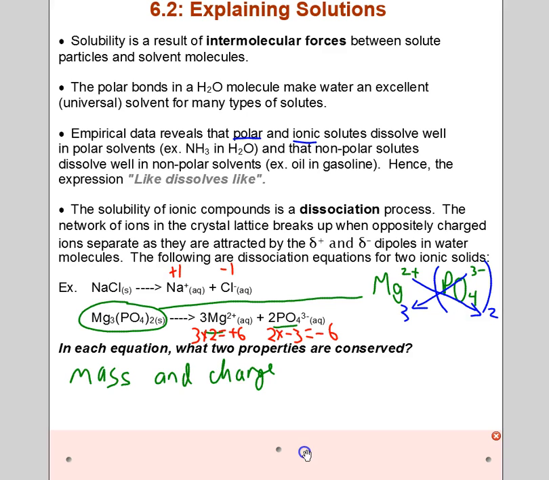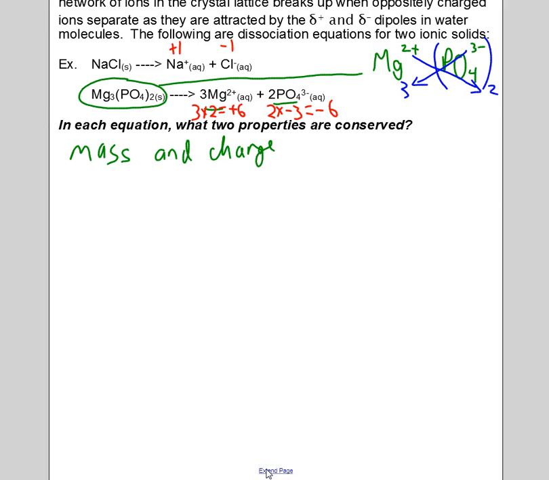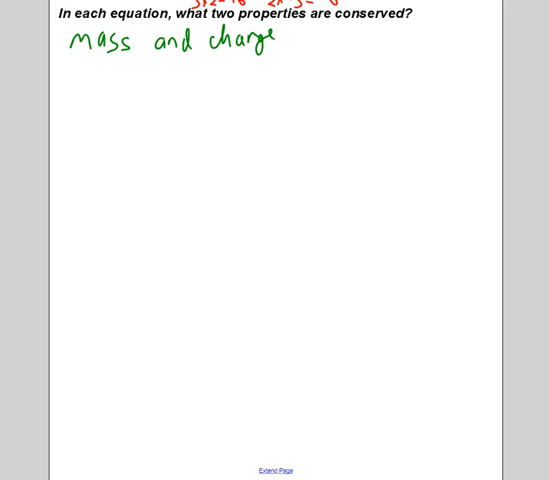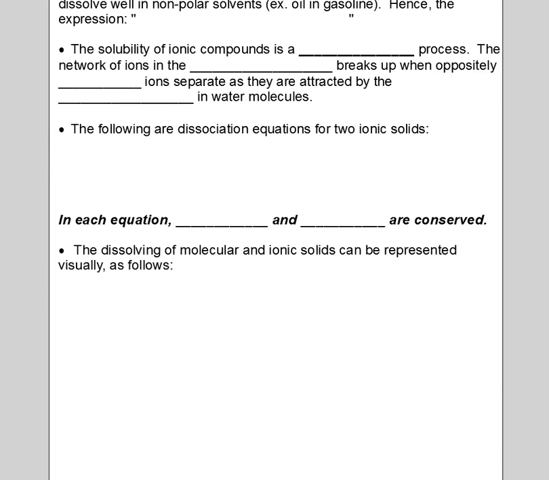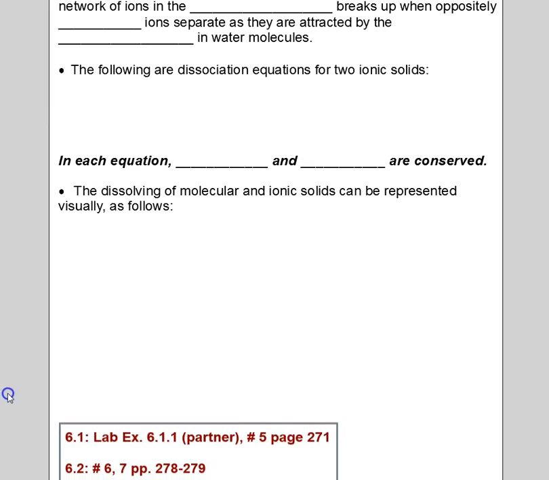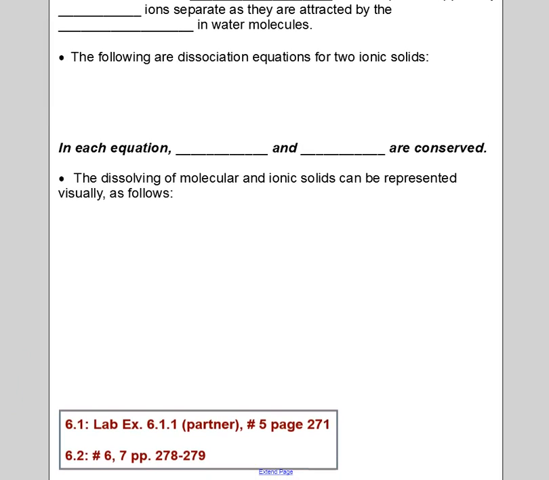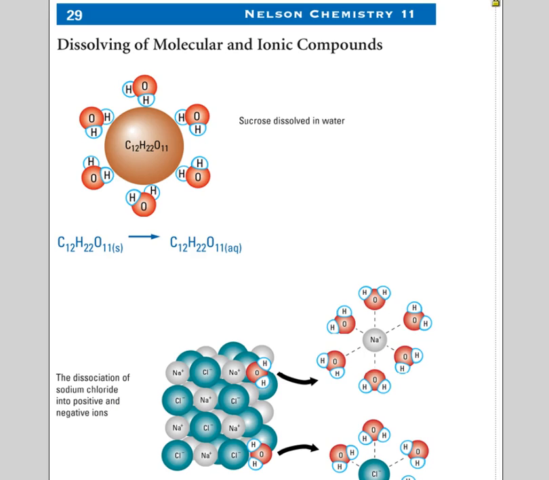Okay, now for the remainder of this note here, let's just reveal the last part. You're going to show the dissolving of molecular and ionic solids visually. So what I would like you to do now is to draw the following.